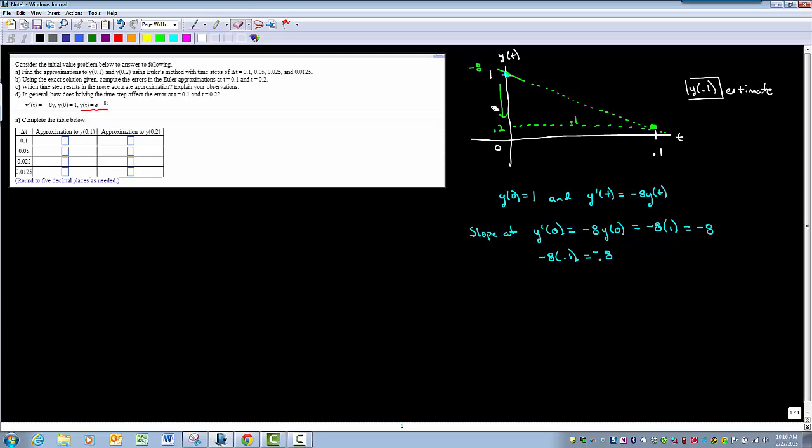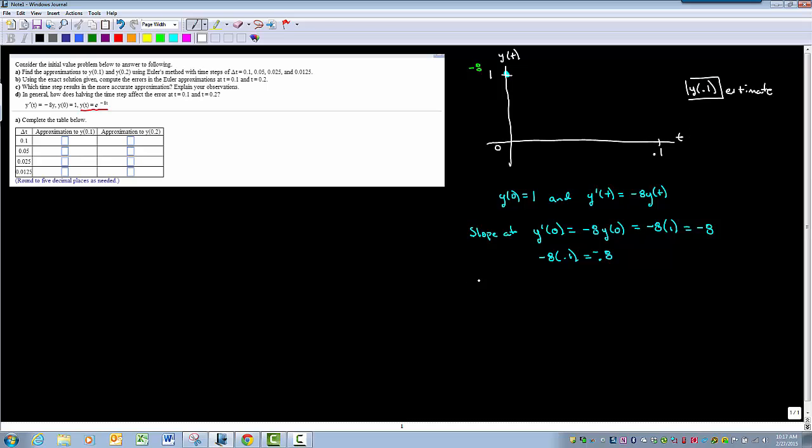So now let's erase all that and go with a different change in t value. Again, we're trying to estimate y at 0.1. Did I erase that?